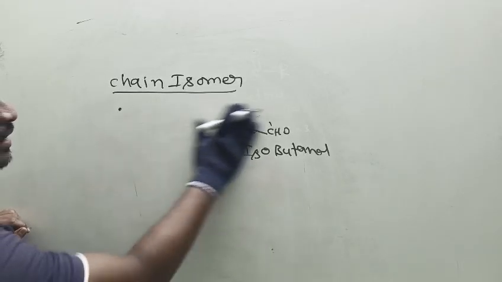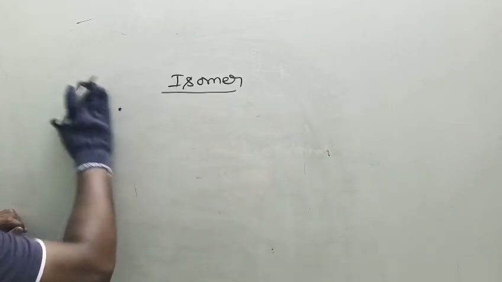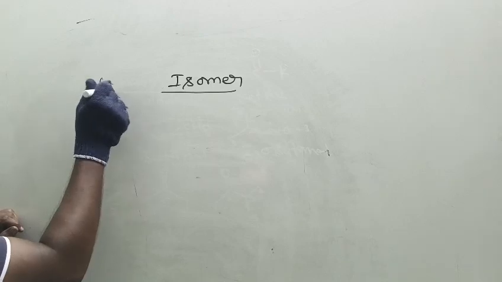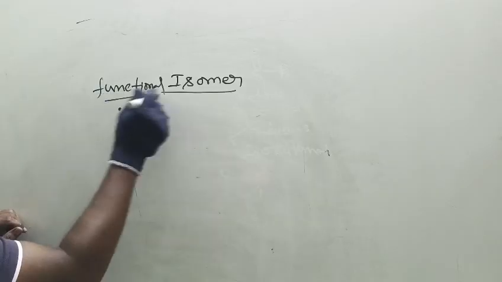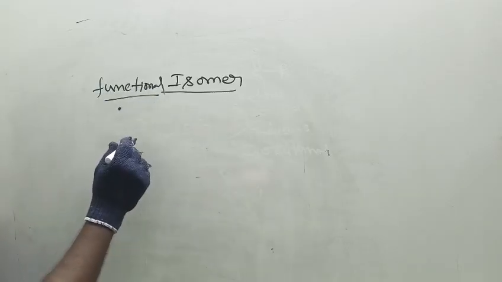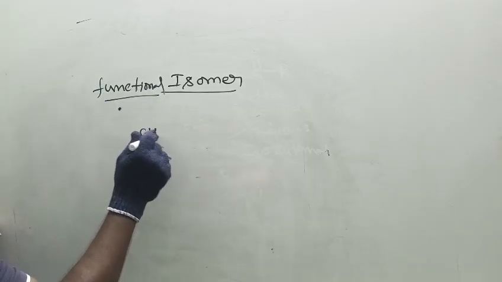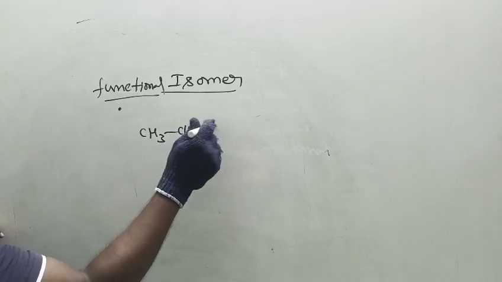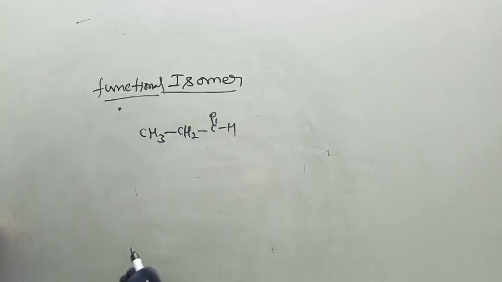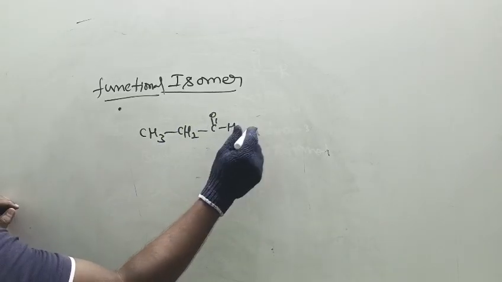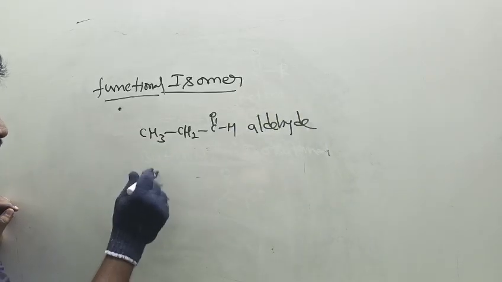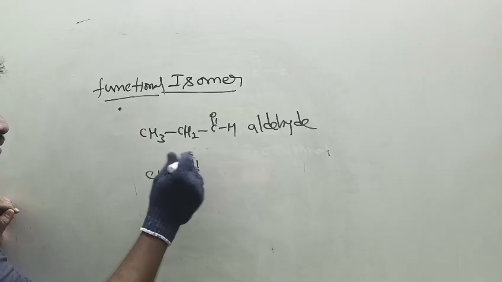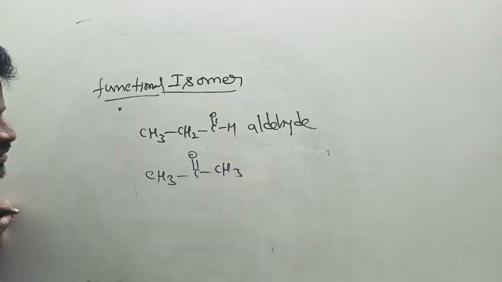And next one, functional group isomers. Functional group isomers indicates, I am taking for example CH3CH2C double bond O H. C double bond O H indicates an aldehyde, and it can also be written like this structure.